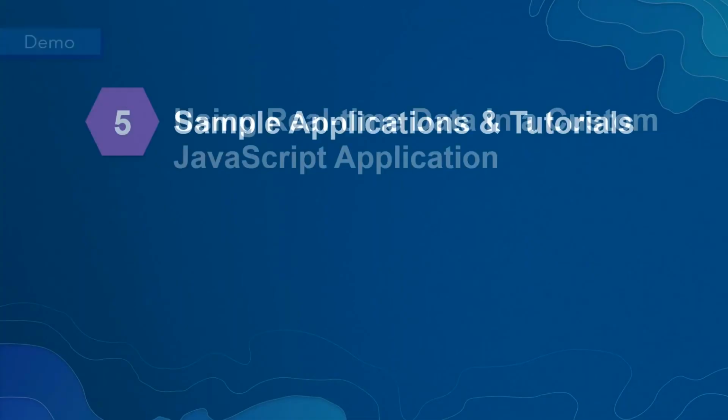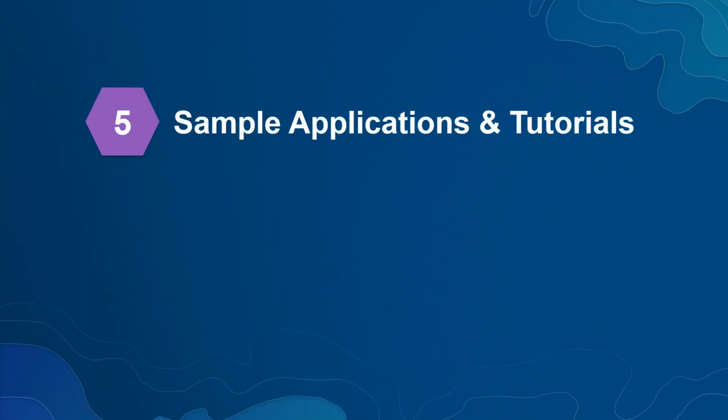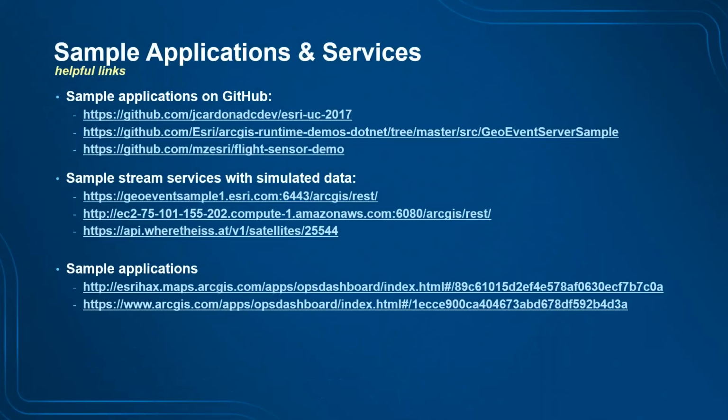But there are a number of other applications that you can have a look at, and I'll show you many of these here. I'll also provide shortcuts to many of these applications in the slides, so that you can access them. We have sample applications on GitHub that you can download and experiment with, along with a number of sample stream services that you can use in order to learn how to use real-time data in your applications.